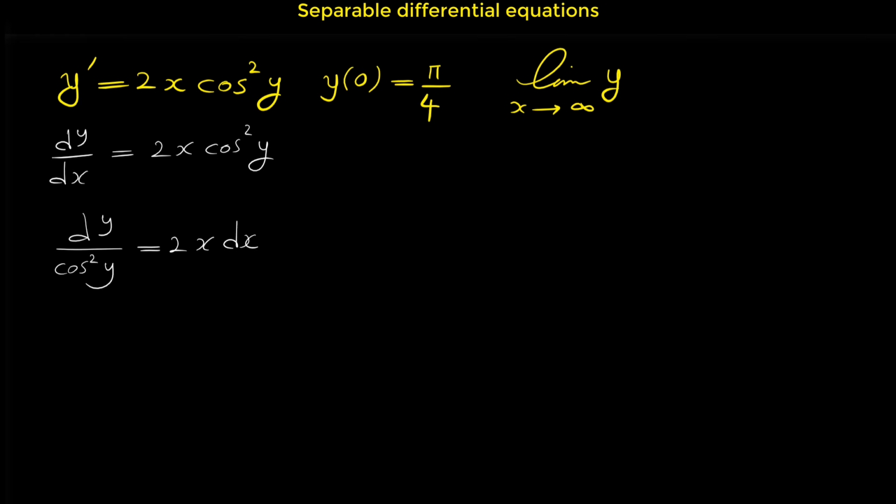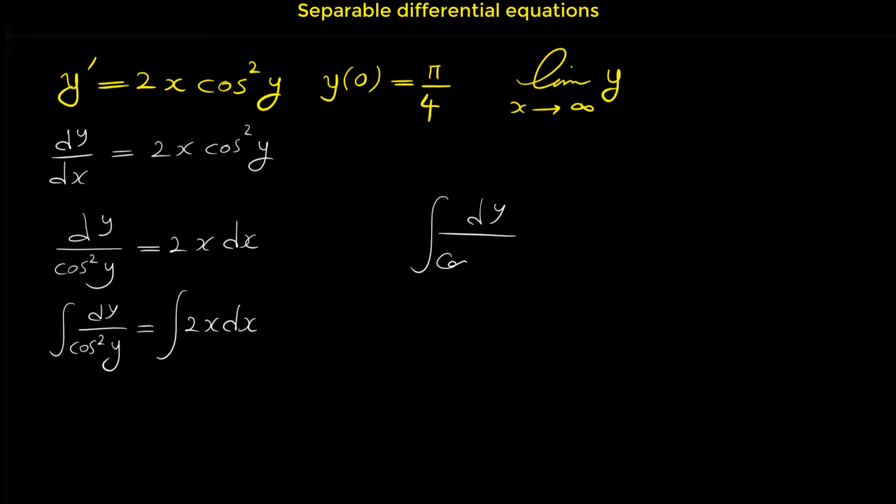Now if we integrate the left and the right side of this equation, we have the integral of dy over cosine squared of y equals the integral of 2x dx. The integral of dy over cosine squared of y is actually the integral of secant squared.